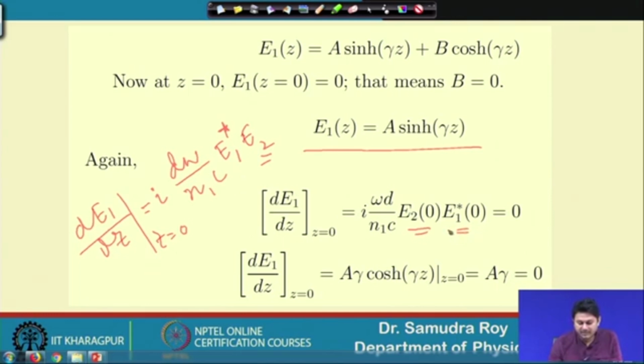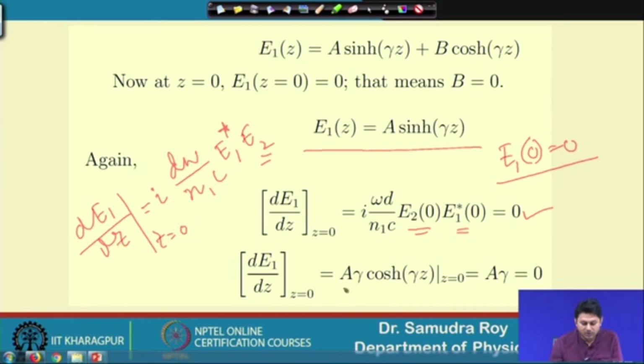Now, E 1 star at z equal to 0 is 0, because we consider there is no field. So, E 1 at z equal to 0 and E 1 star at z equal to 0 are the same thing here, the amplitude is not there or vanishing. So, this quantity is 0. From here also we can find d E 1 d z.